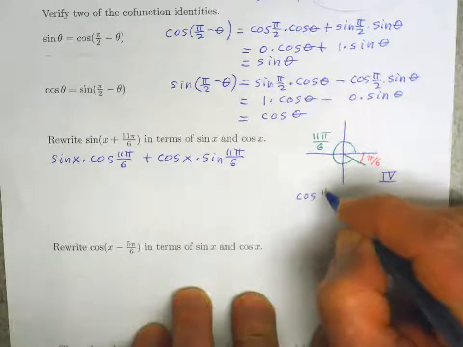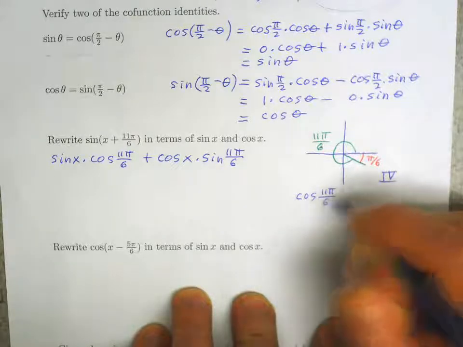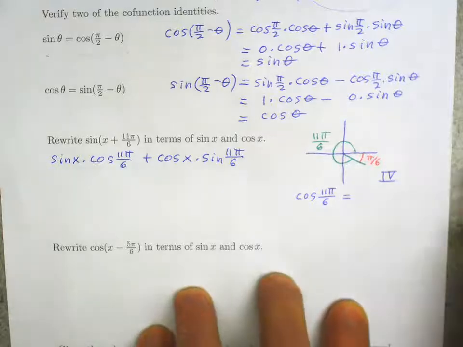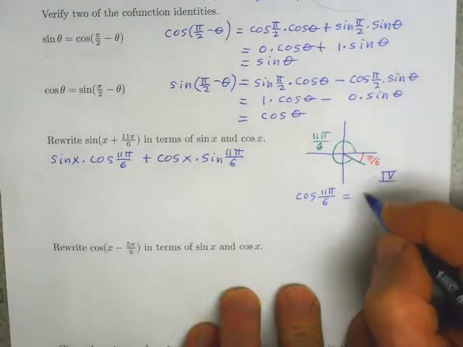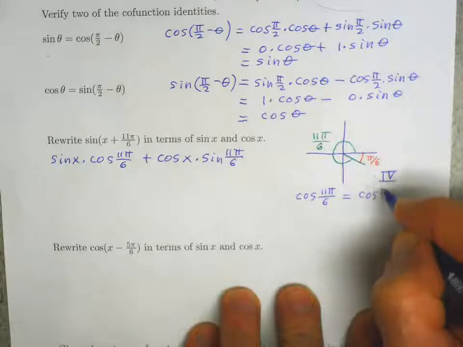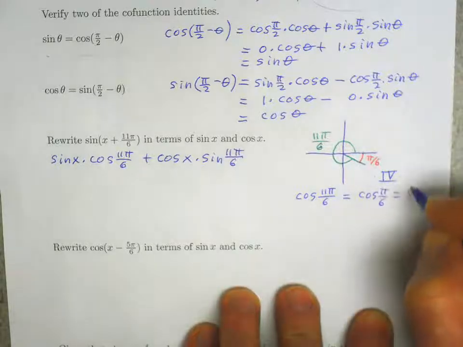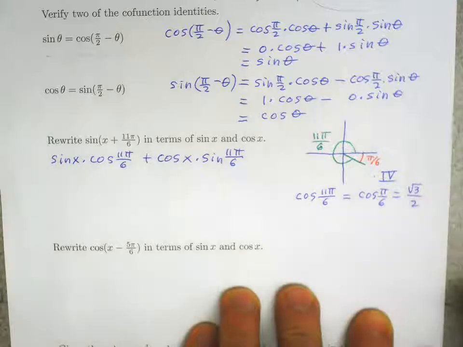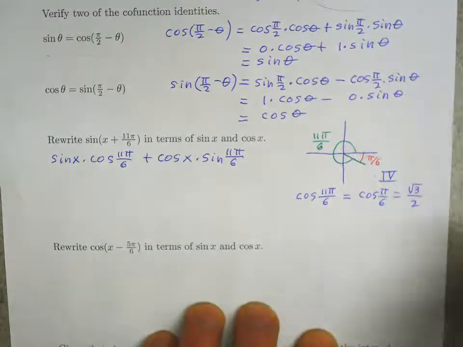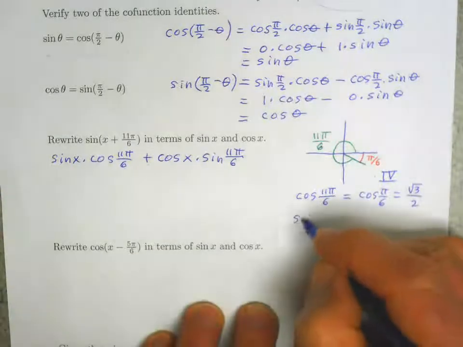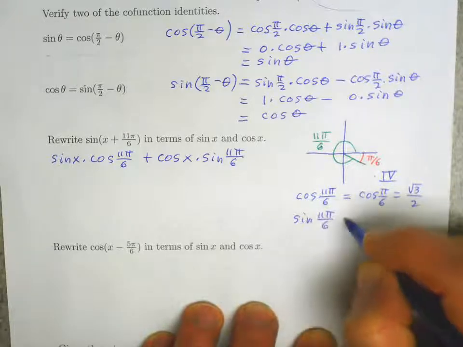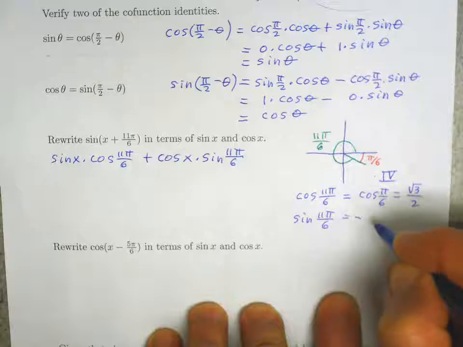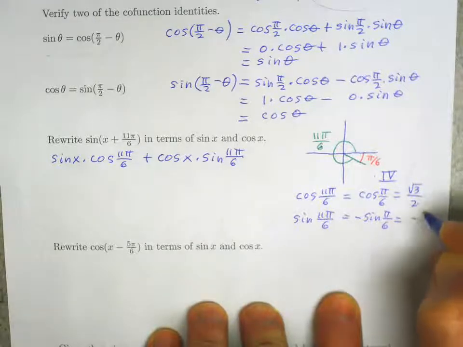So we can write that cosine of 11 pi over 6, cosine is positive, so cosine of 11 pi over 6 is equal to cosine of pi over 6, which is the square root of 3 over 2. And sine of 11 pi over 6 has to be negative, so that's going to be the negative of sine of pi over 6, or negative 1/2.